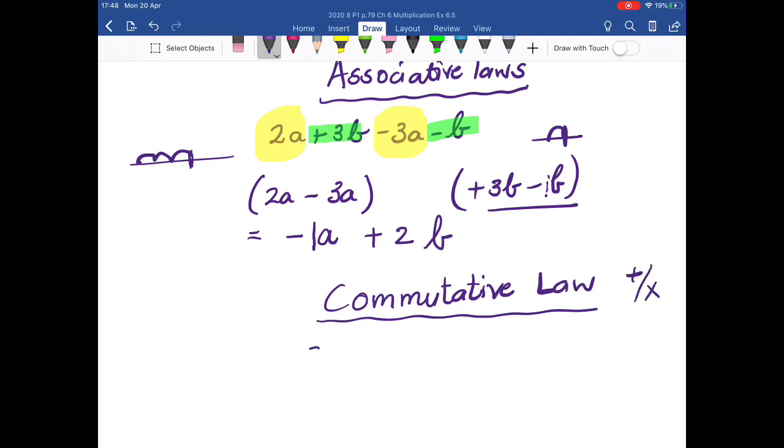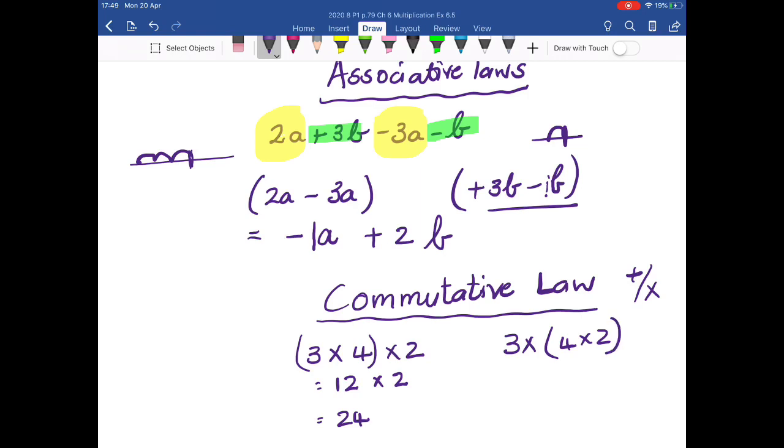So for example, I can have 3 times 4 times 2. I can say 3 times 4 is 12 times 2 is 24. Or I can say 3 times 4 times 2 in another order, I will still get to 24. Or I could say 3 times 2 times 4, and I will still get to 24.